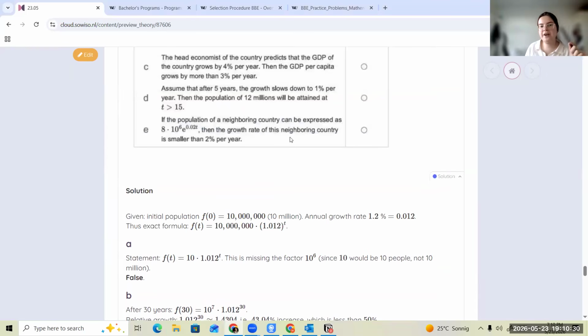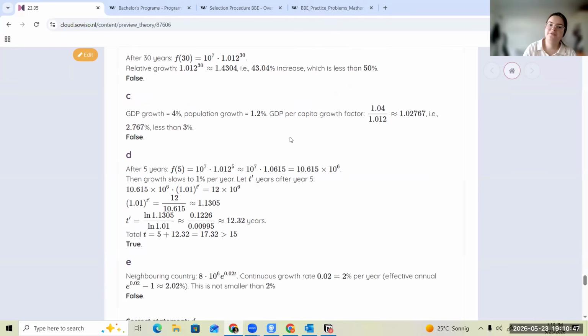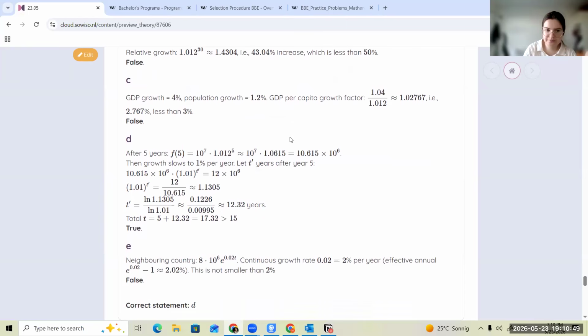Then assume that after 5 years, the growth slows down to 1% per year. Then the population of 12 millions will be attained at t greater than 15. So here we have after 5 years it slows down. Before that, it was fine.